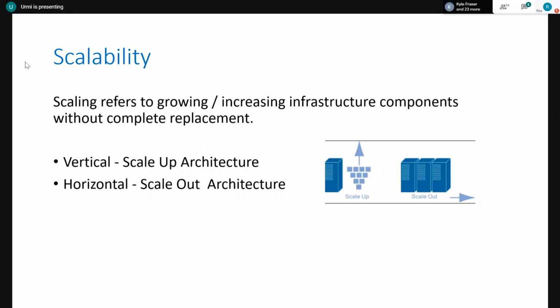Think of these use cases as you build out your applications and how you want to propose your infrastructure to grow to meet the changing needs and use cases of the business. So that's what scalability means with regard to IT infrastructure.